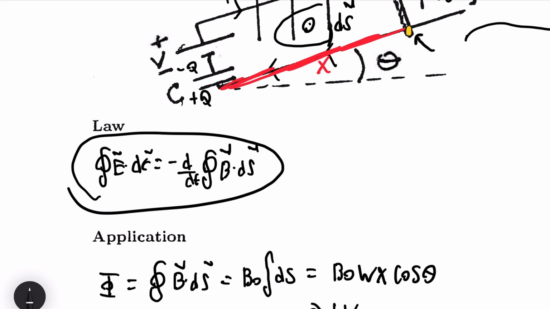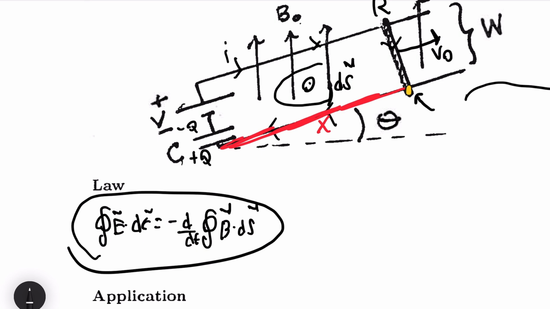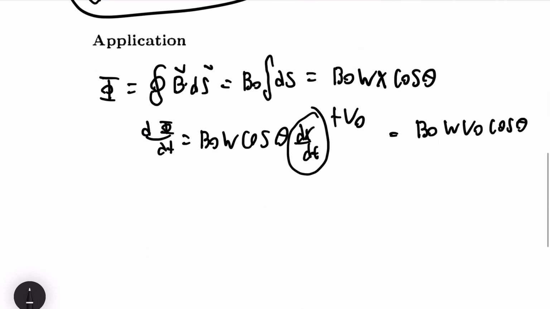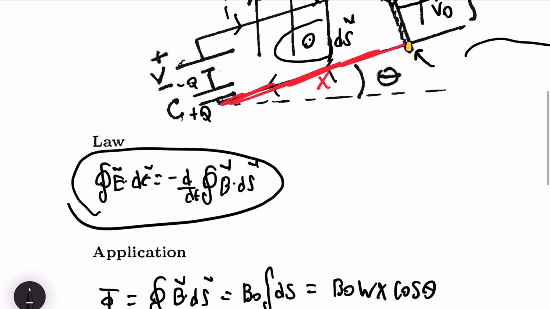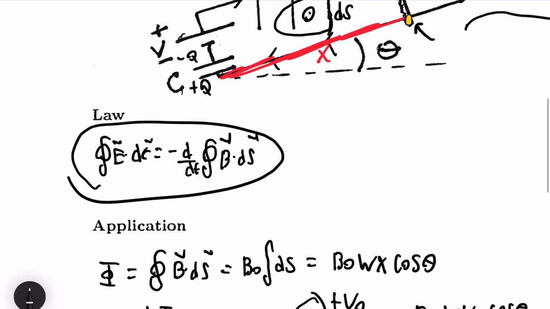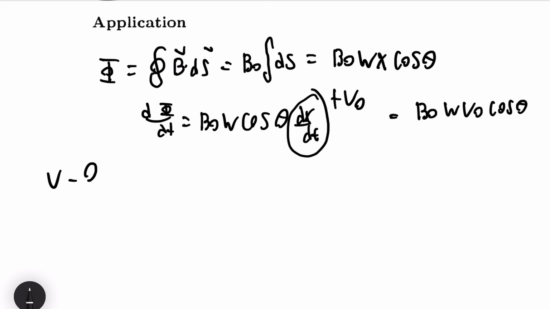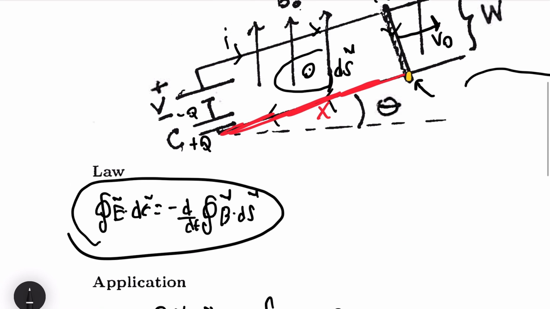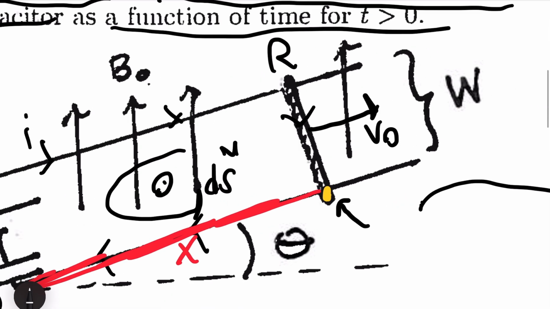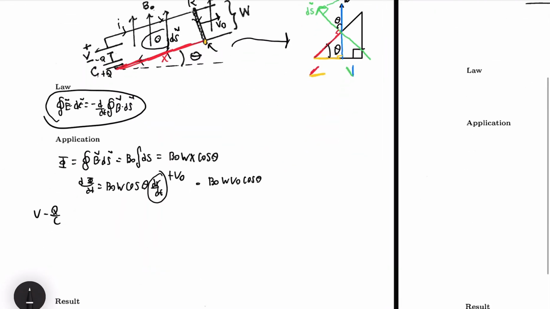So I'm going to go around my loop the way I define, because that's how the book defines it. If I go around my loop now, I get plus v, and then my current touches the positive part of the capacitor, but because I'm going the opposite way, it's going to be negative q over c. And then when I get to the rod, at this point, my ds is climbing up, but my current is going down, so it's going to be negative IR.